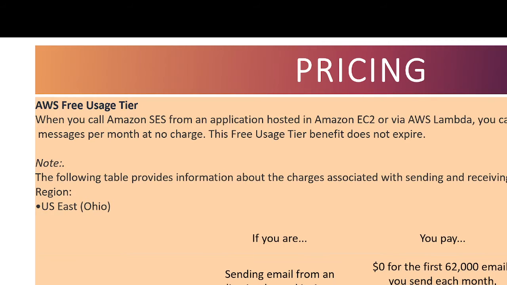Receiving email, you will pay $0 for the first 1,000 emails you receive, and $0.10, which is 10 cents, for every 1,000 emails you receive after that. Additional cost, $0.09, which is 9 cents, for every 1,000 incoming email chunks. You can look at the pricing details of that for more information.